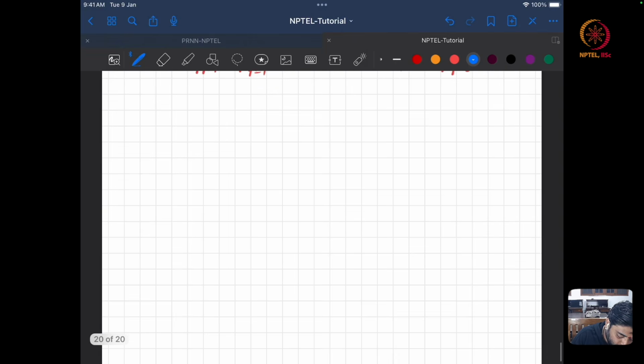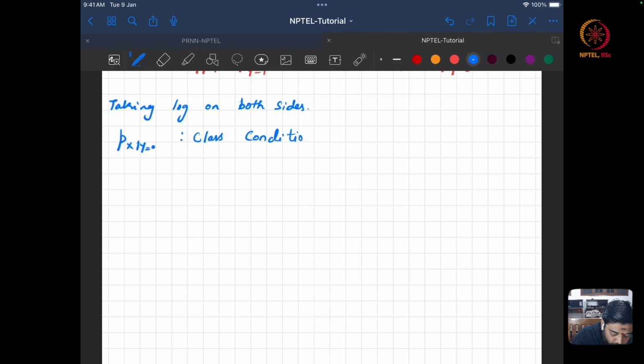Now taking log on both sides, and then we are assuming x given y, the class conditionals, be Gaussian distributions.